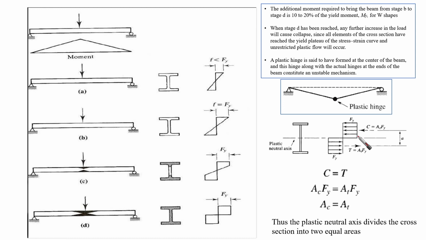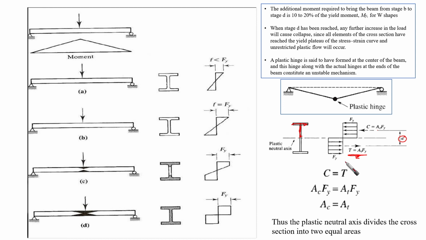Compression force is going to be developed in the upper half, which is C equal to AC times F yield, where AC is the area of the compression half. In the bottom we find that a tensile force is going to be developed, which is the area under tension times F yield. The distance between the two should be a.